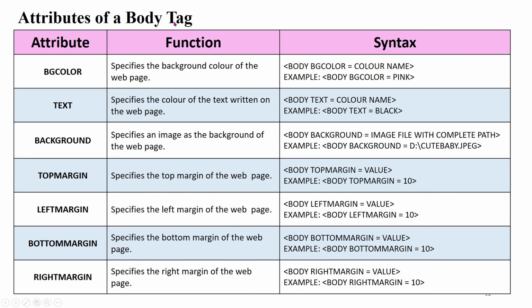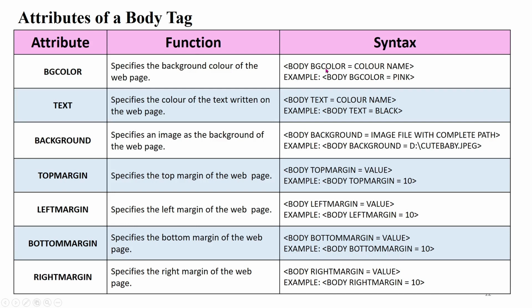Now, attributes of the body tag. The first attribute, that is the property for body tag, is BG color. It specifies the background color of the web page. How do we write it? Syntax, that is the grammar of writing this code, is body, then BG color.